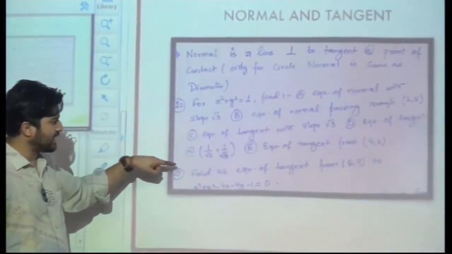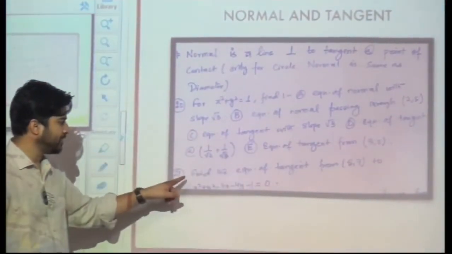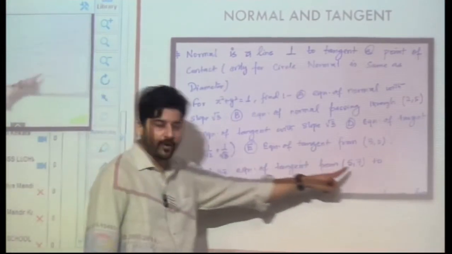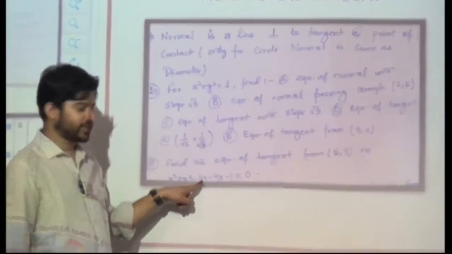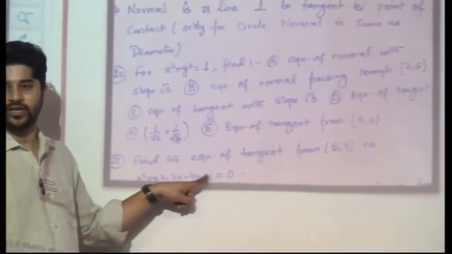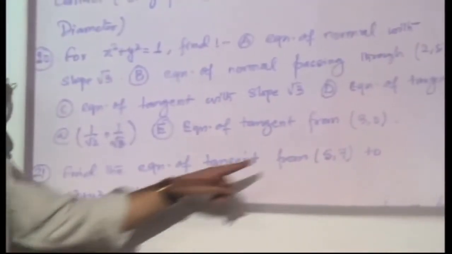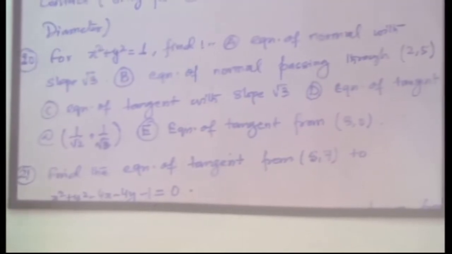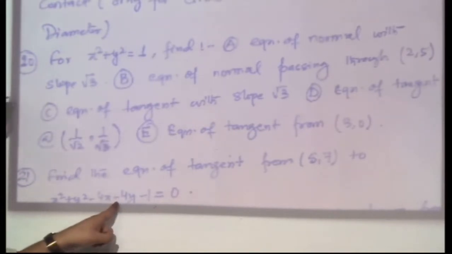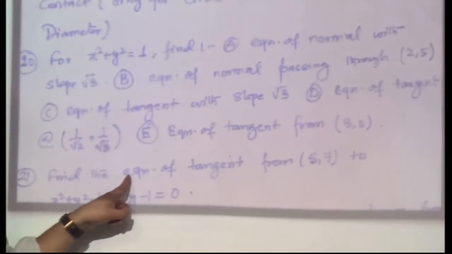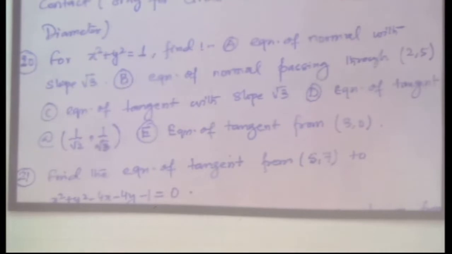So now see the second question. Second question exactly same as the earlier part. What he is writing? Find the equation of tangent from 5 comma 7 to this circle whose center is 2 comma 2 and radius is 3. Now you know the point. You are going to write the slope as m. You are going to write your equation in terms of m, and then you are going to tell me the distance from the center to the tangent is going to be radius.